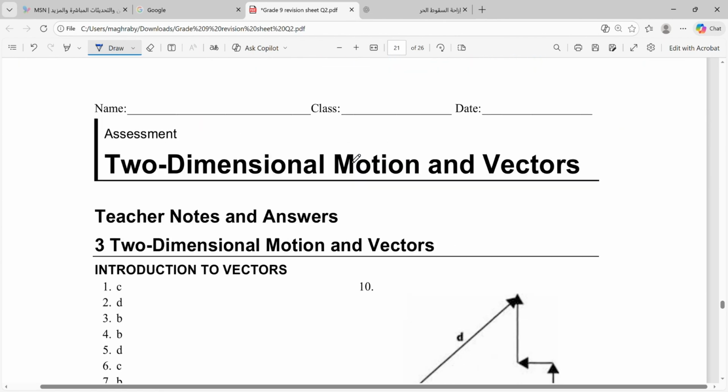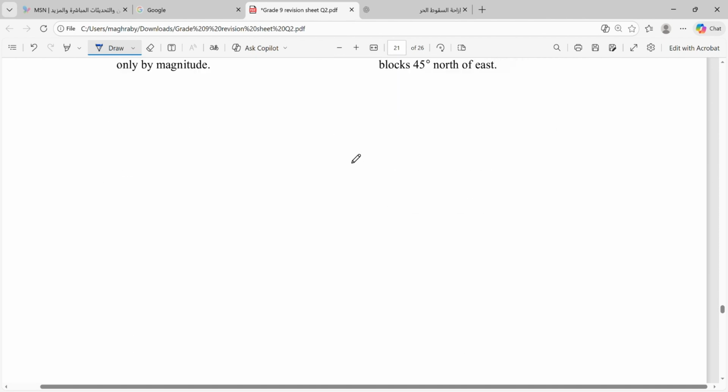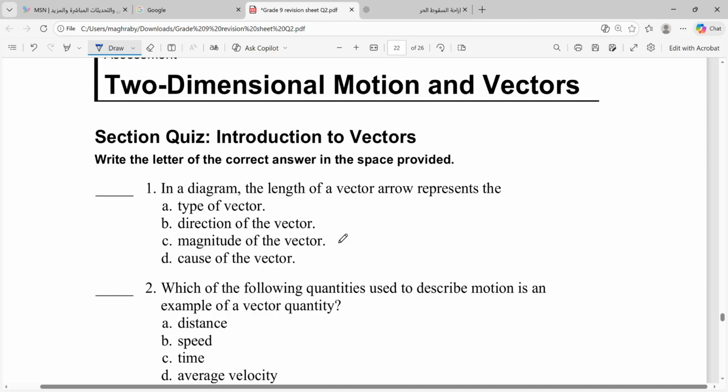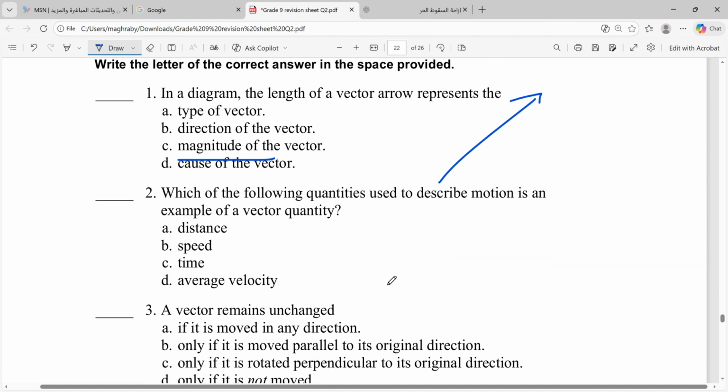Okay, that's nice. Let's get to the next one. In the diagram, the length of the vector, we said that the length represents the magnitude. Which of the following quantities is used to describe the motion?